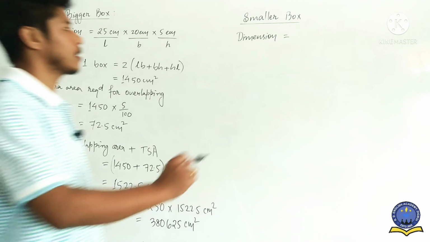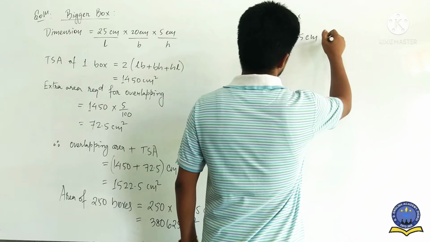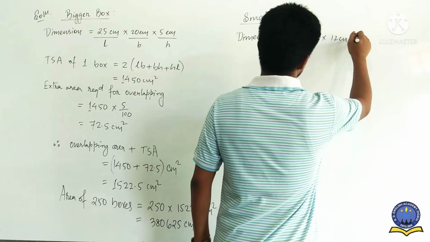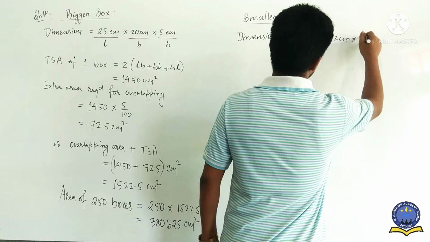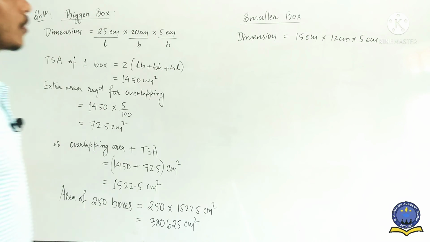So we write dimension is 15 centimeter into 12 centimeter into 5 centimeter. This is the dimension.